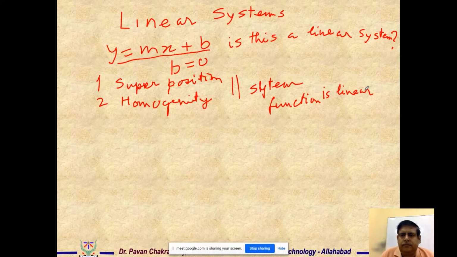Okay, so this is the condition. Now, what is superposition?